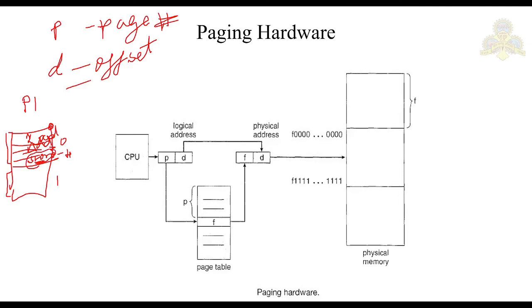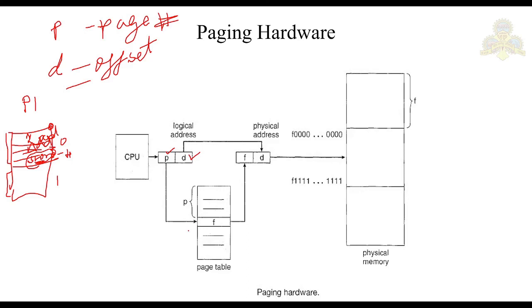First, now we'll understand how you can generate a physical address using paging. Your CPU generates the logical address. That particular logical address is divided into two parts: one is your page number P and another is the offset or displacement D. First, this page number is given as an input to your page table.